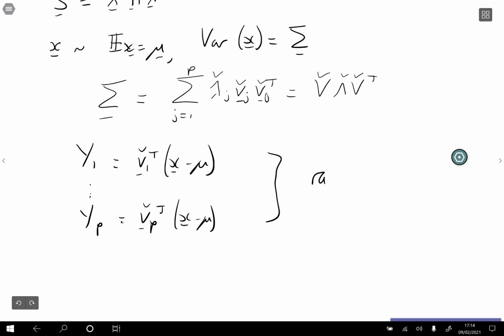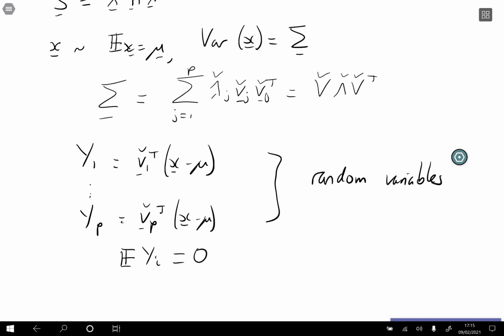So these are random variables now, because x is a random variable. Essentially what we're doing here is subtracting the mean from the random variable, so these are going to be mean 0. So the expected value of yi will be 0. And then we're decorrelating them.